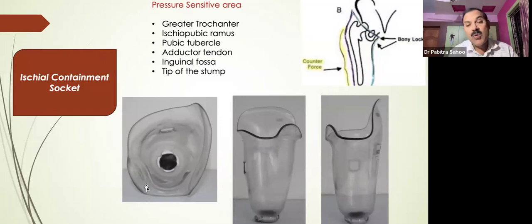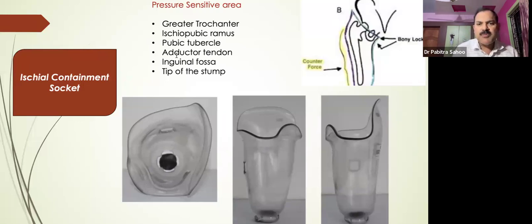However, there are weight relieving areas in the case of the ischial containment socket. These are pressure sensitive areas, as we see in the case of transtibial prosthesis. In the transfemoral prosthesis using an ischial containment socket, there are definite pressure sensitive areas. What are those? The greater trochanter, ischiopubic ramus, pubic tubercle, and adductor tendon.